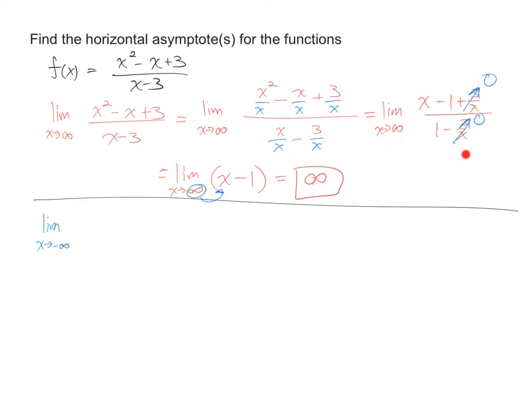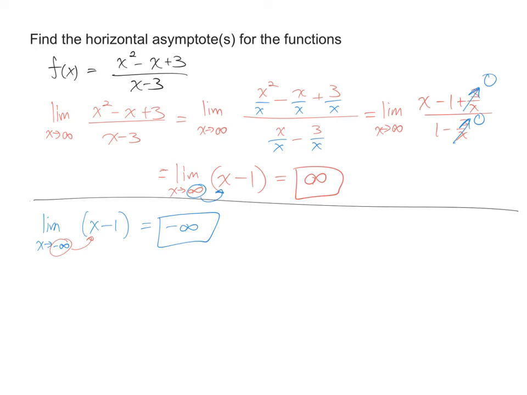So the limit as x approaches negative infinity of x minus 1. Well, now we can substitute negative infinity in here. Negative infinity is going to be a really big negative number. Minus 1 more is still going to leave you at negative infinity.